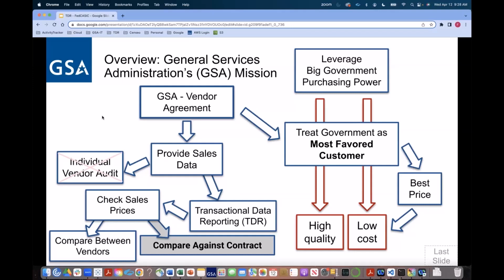The other point is that transactional data has got to be at a certain level of quality so that we can actually do this analysis, and then we can make informed decisions based on it. So before I turn it over to Francis, one of the challenges is to make sure that the large amount of data, millions and millions of rows of transactional data, is at a certain level of quality. Now I'll turn it over to Francis to talk about how we handle it and how we ensure quality.